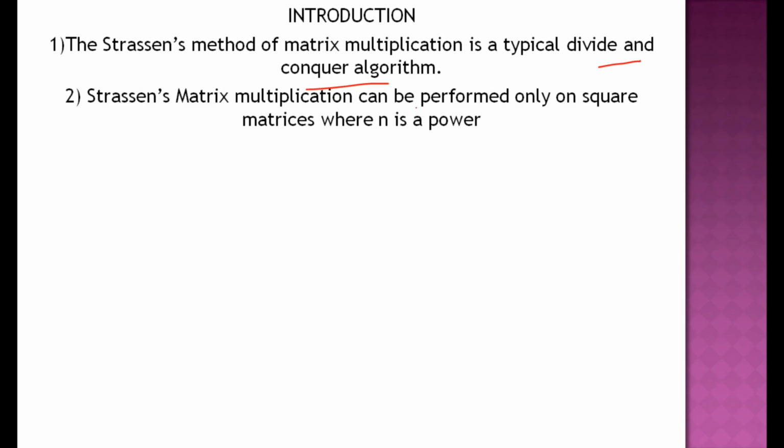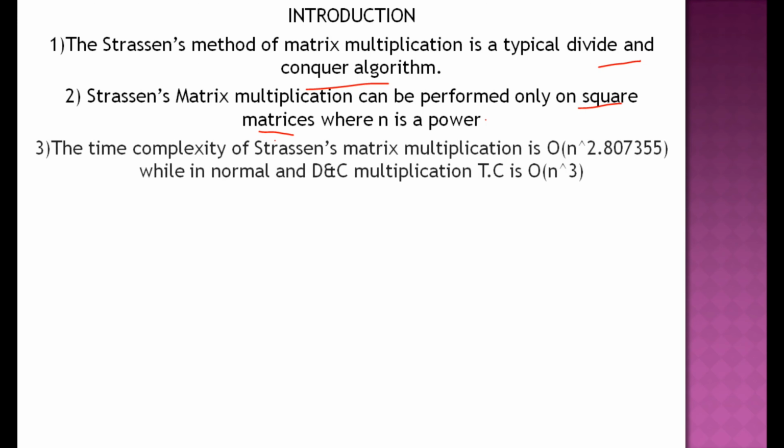Strassen's matrix multiplication can be performed only on square matrices. Next, the time complexity of Strassen's matrix multiplication is order of n to the power of 2.8, while in normal and divide and conquer multiplication, the time complexity is order of n cube.